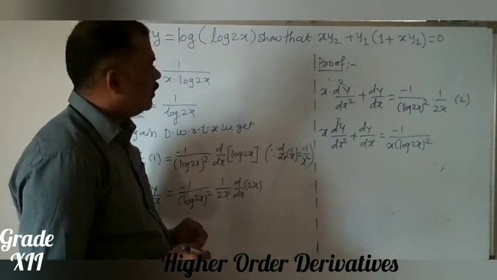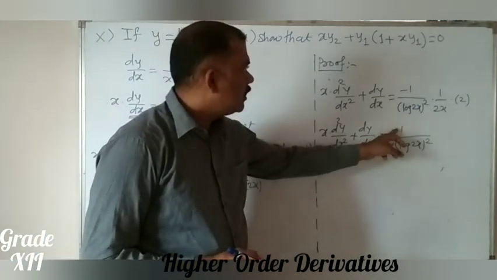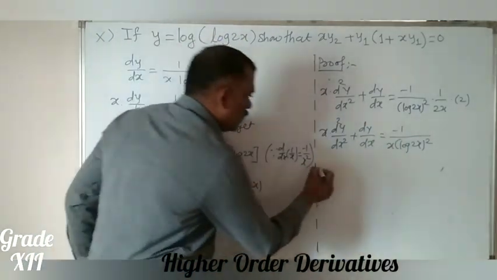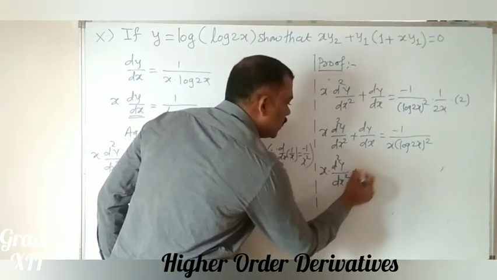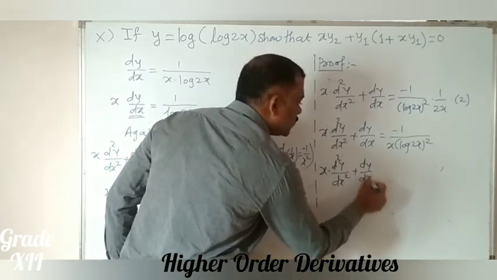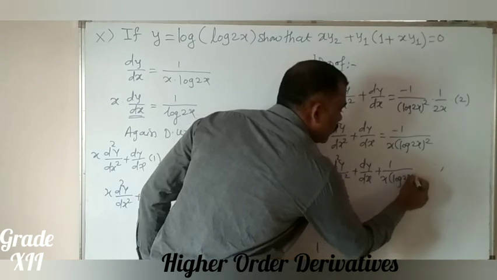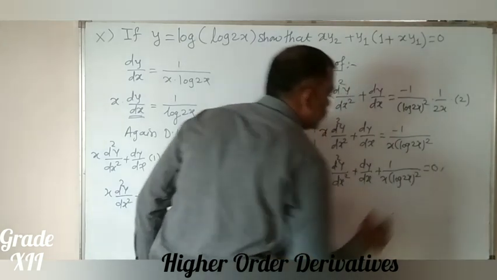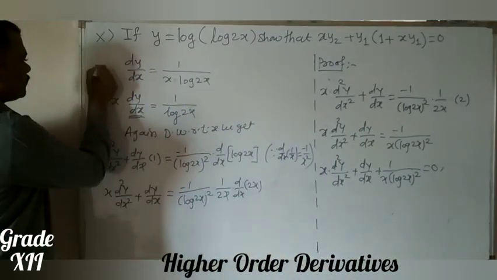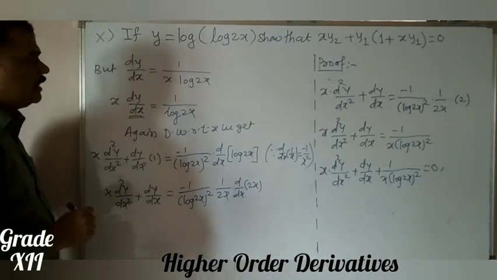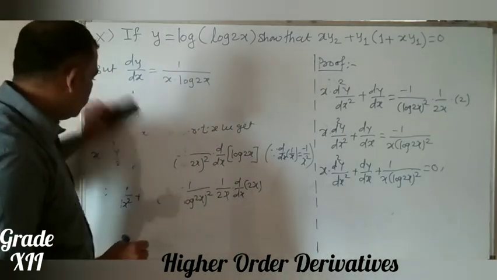For that we have to take this whole term on this side, it must be plus, so that x into d2y by dx square plus dy by dx plus 1 upon x into log of 2x bracket square is equal to 0. But dy by dx is nothing but 1 upon x into log of 2x, so that we have to use this.